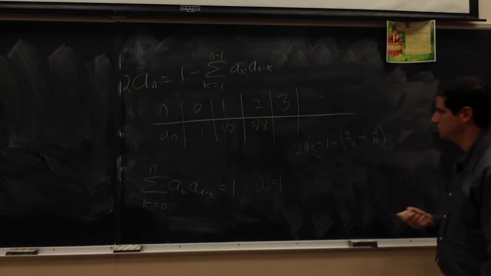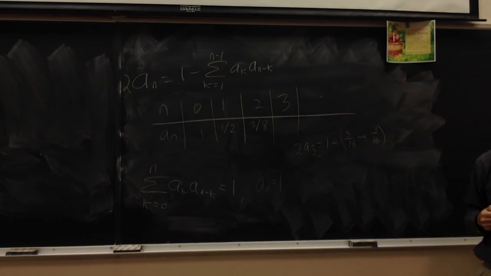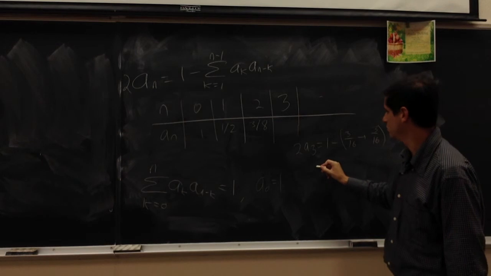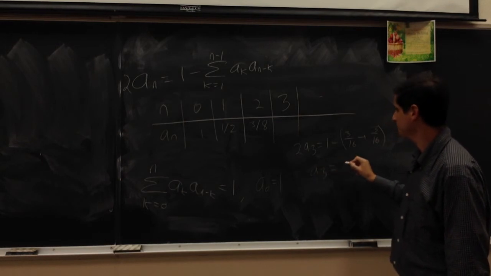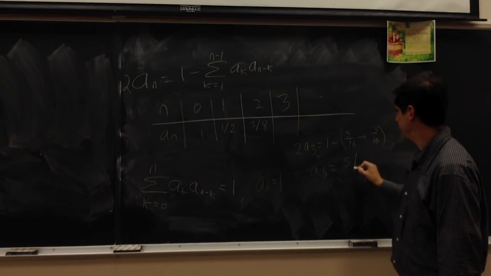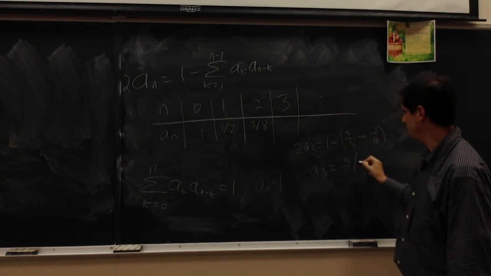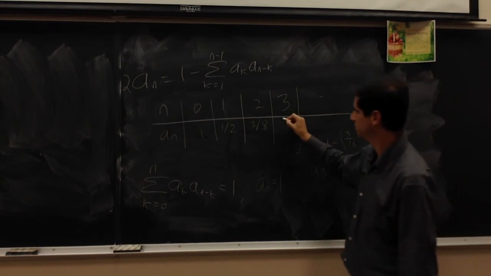So hopefully I haven't made any mistakes. And then since n equals 3, we only go up to 2, so we only have 2 things to try. 1 minus 6/16 is 10/16, divided by 2 is 5/16. So we get a3 is 5/16 divided by 2, which is 5/32.